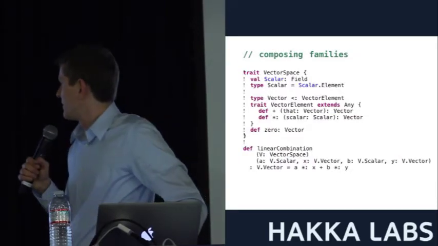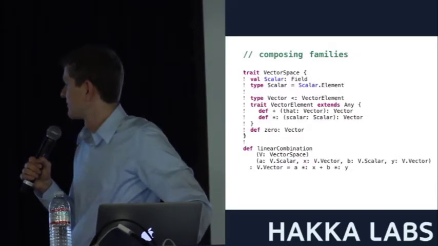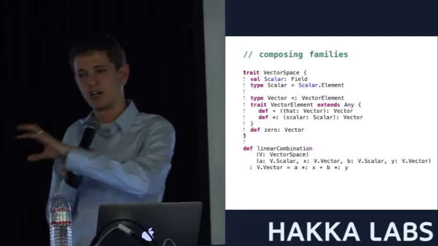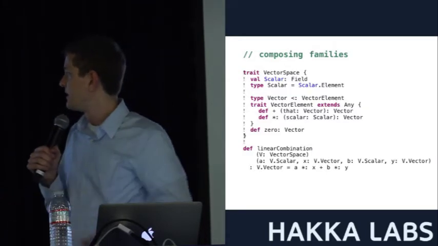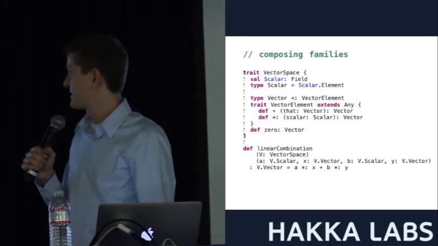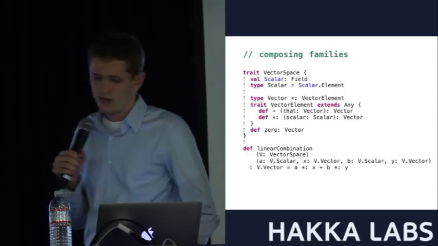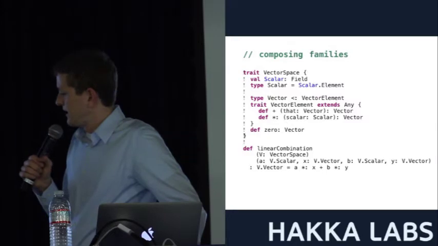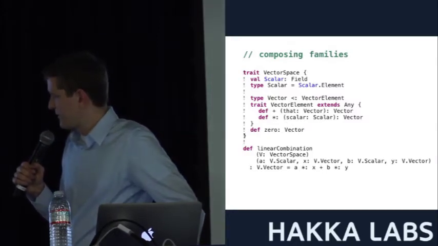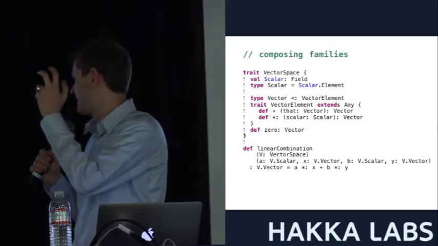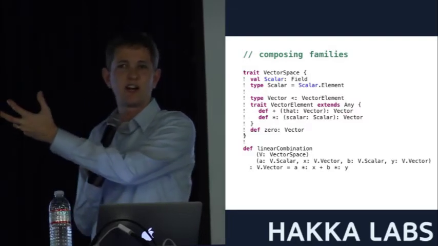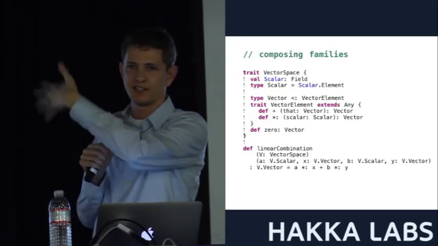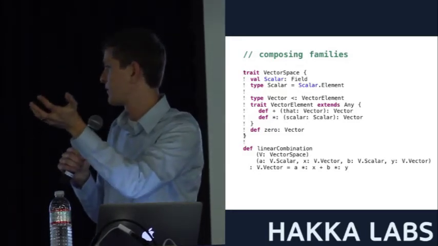So let's look at how you would compose these things, because that's where the Java and the type parameter approach really starts to break down. A really important case is the idea of a vector space, where you've got some scalar field, and most of the time you don't really care what that field is. You say, hey, I'm working with a vector space and it has some field that's consistent with itself, but I don't want to worry about that.